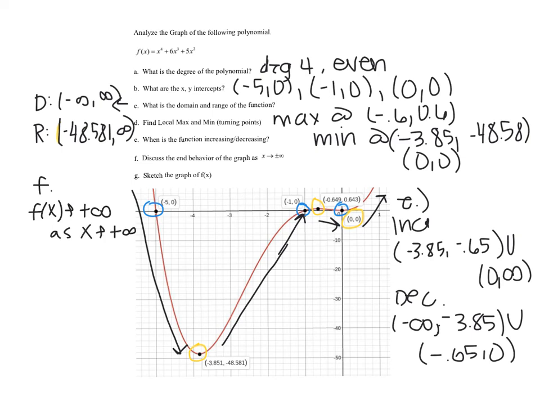And then if I were to look at my function as x approaches negative infinity, the graph is still becoming more positive, which means my function f of x is approaching positive infinity as x approaches negative infinity. And all of this information ties in to give us G, which is a sketch of our graph of f of x, which you can get from Desmos.